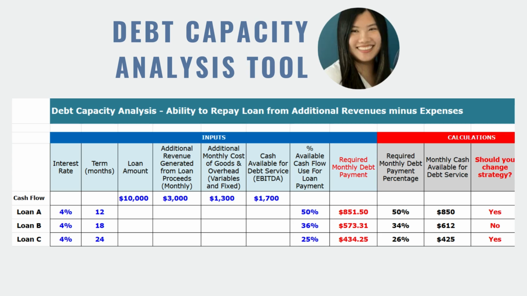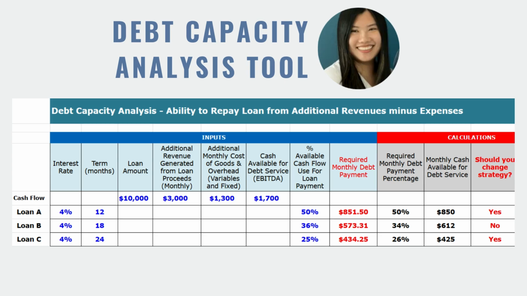In the first page of the spreadsheet, you input the amount of loan desired, the interest rate, and the term of the loan, which is the number of months that the loan is repaid over time. Next, input the additional revenues you realistically expect to earn from use of the loan proceeds, such as for new equipment, facility improvement, technology license, or other revenue generating purposes.